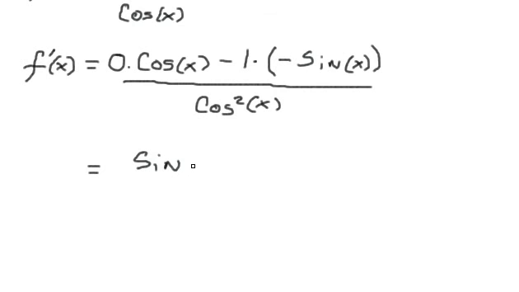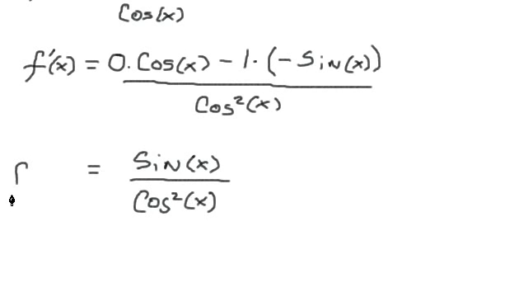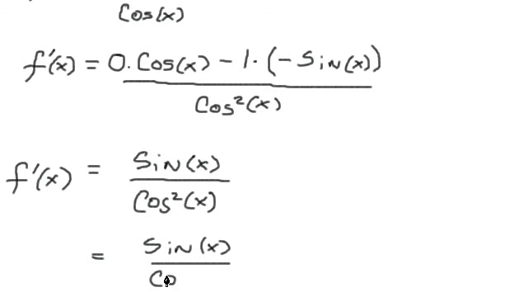And we're left with sine x over cosine squared x. And this is our f prime of x. Alright, and I'm going to rewrite this. This is sine x over cosine x times 1 over cosine x.